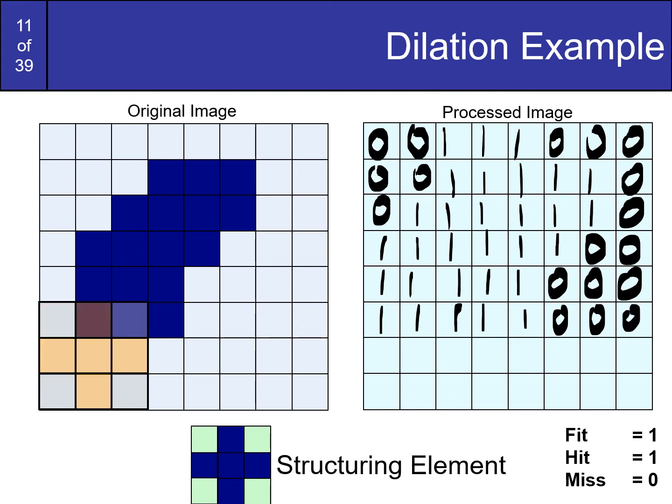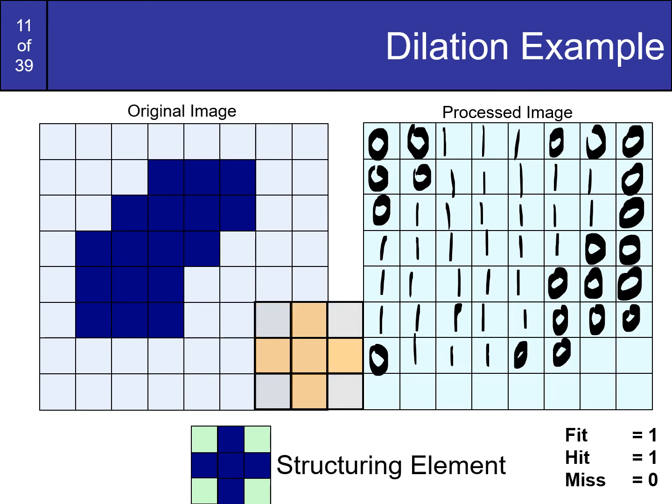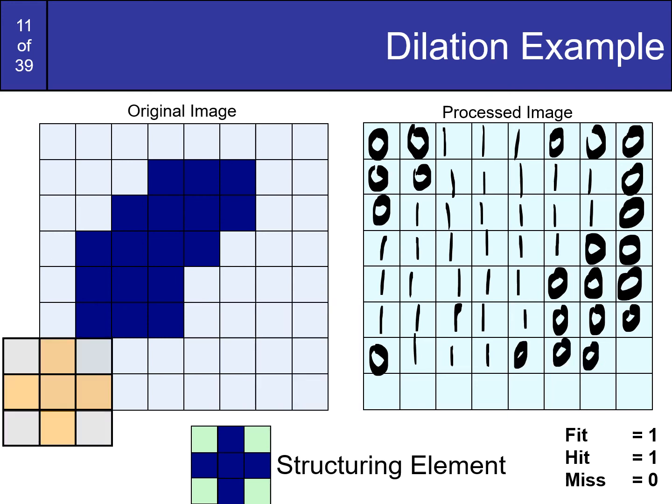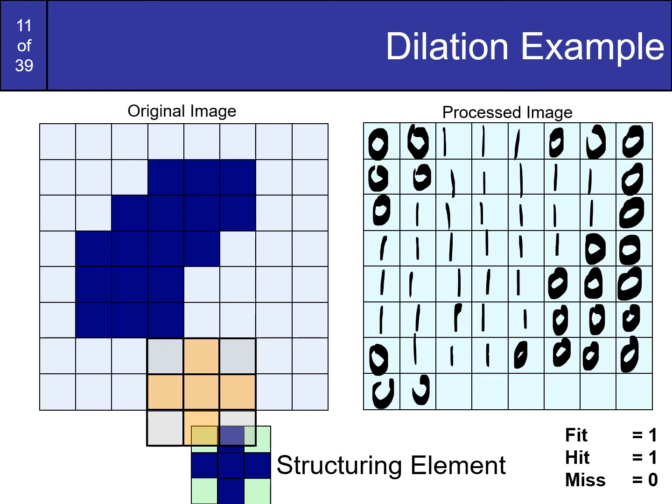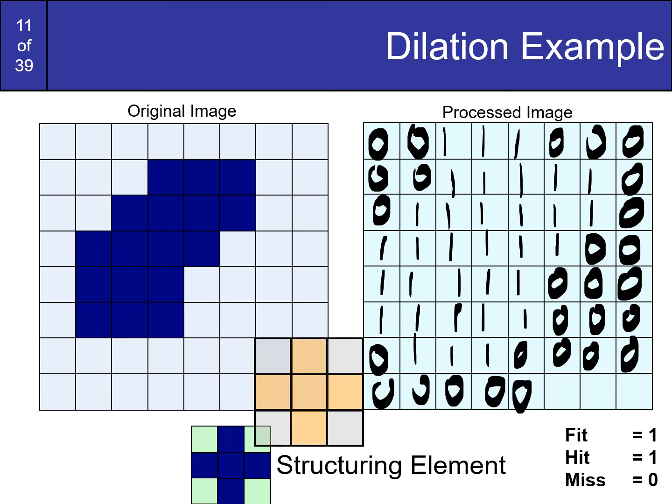Next row we have miss 0, hit 1, hit 1, hit 1, miss 0, 0, 0, 0. Then we have 0, 0, 0 because of our miss, so 0, 0, 0, 0, 0.